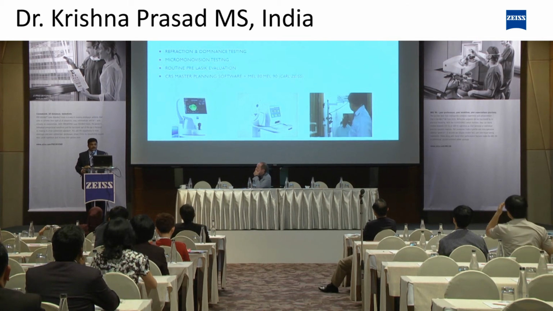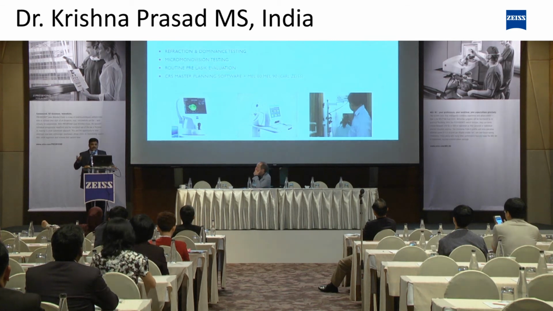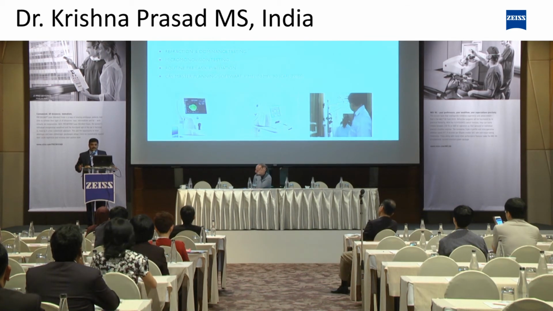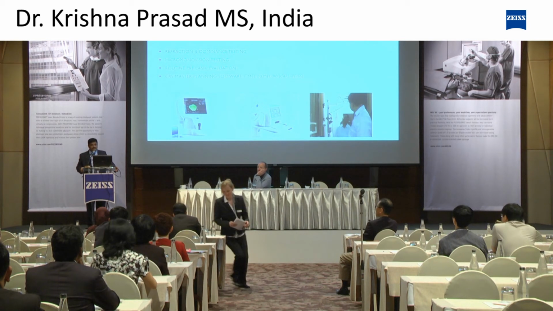Once you know the dominant eye, your job is the micromonovision testing. How do you do it? After knowing the dominant eye, you add 1.5 diopters to the non-dominant eye, then open both eyes and ask the patient to see for distance and near vision.